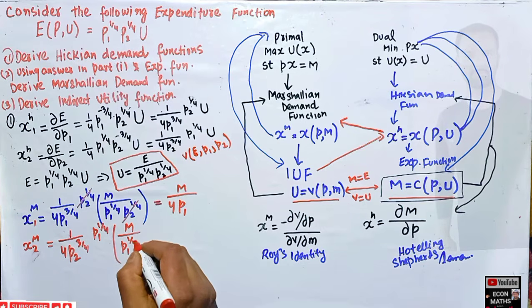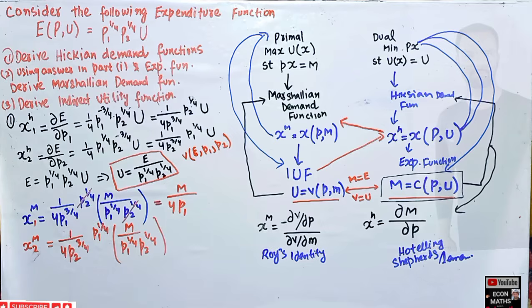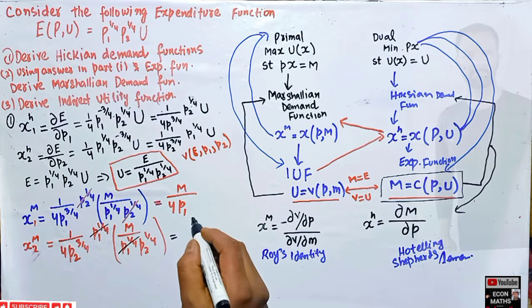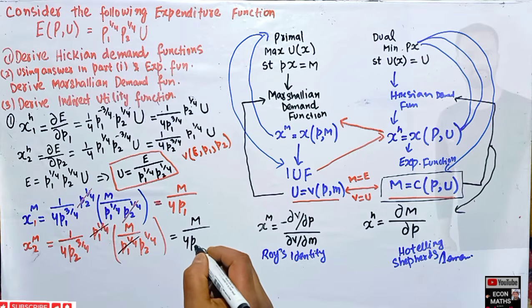So we have 1/4 and p2 to the power 1/4. Let us see if some cancellation is possible. We are left with again p2 raised to the power 3/4 and p2 raised to the power 1/4. Bases are the same, exponents are added, so we are left with m divided by 4p2.